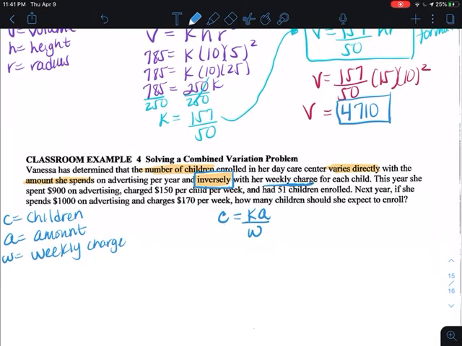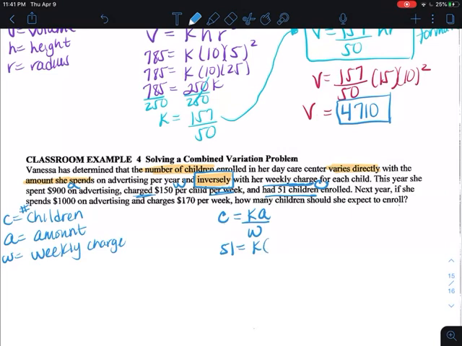All right, this year she spent $900 on advertisement. So I got my A, which is $900. She charged $150 per child per week. So this is her weekly charge, so this is actually W. And then she had 51 children enrolled. So that would actually be C, the number of children.